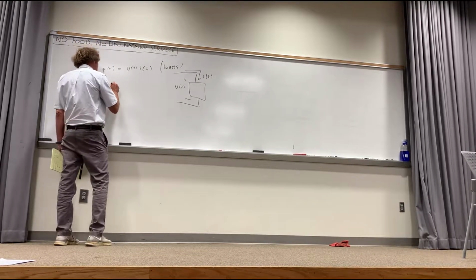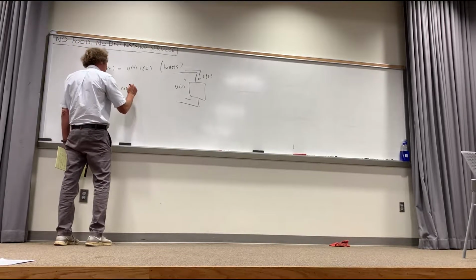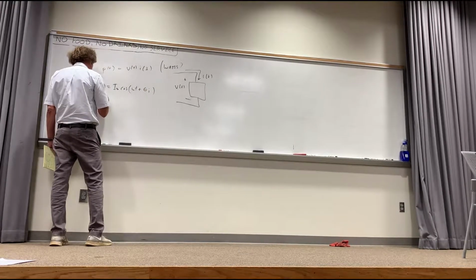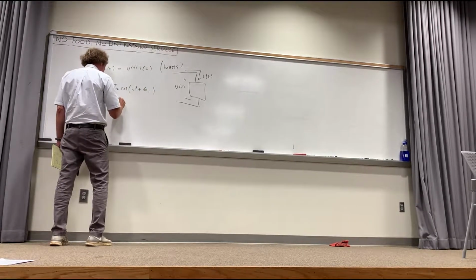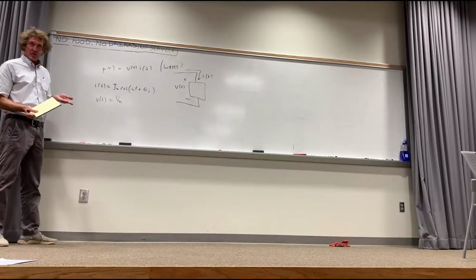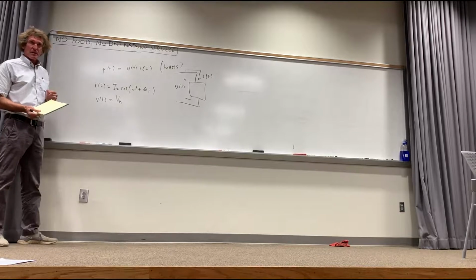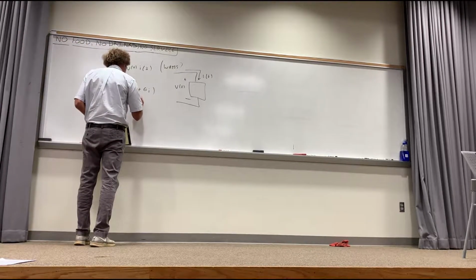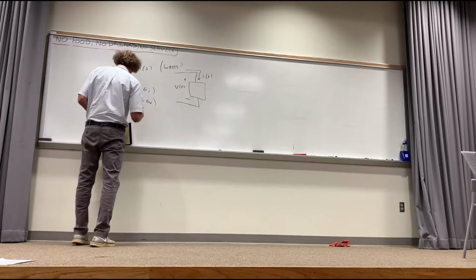We're going to have some Im cosine of omega t plus theta I, and we're going to have some v(t) equal to Vm, where the sub m means magnitude. That's the magnitude of the voltage, it could be like 10, 100, whatever, times cosine of omega t plus theta V.